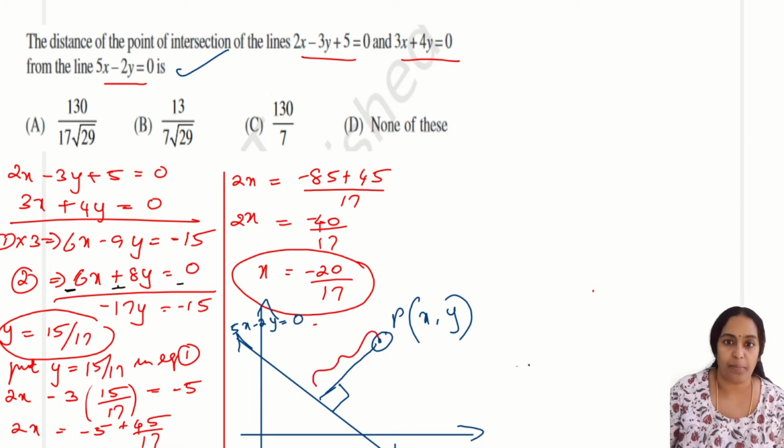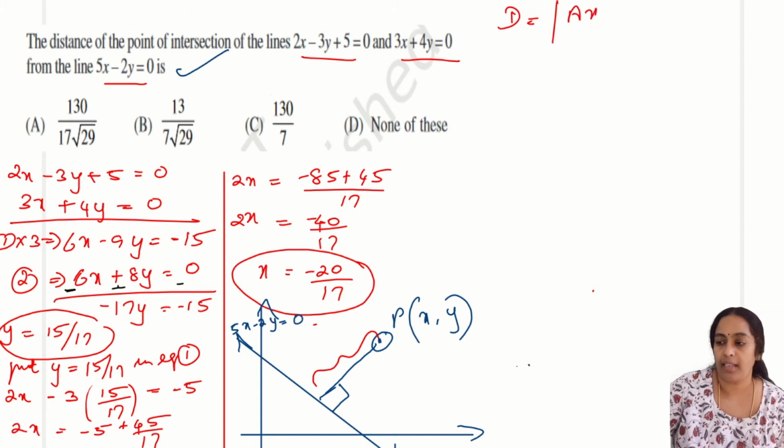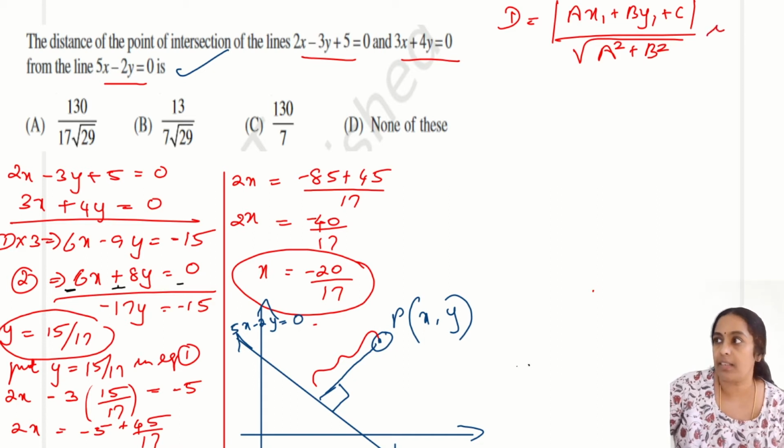We have a formula for the distance of a point from a line: mod of ax1 plus by1 plus c divided by root of a square plus b square.